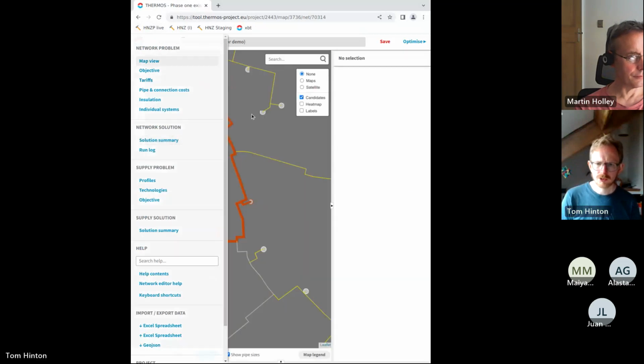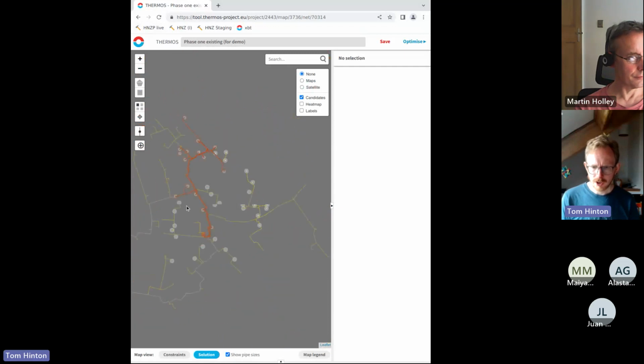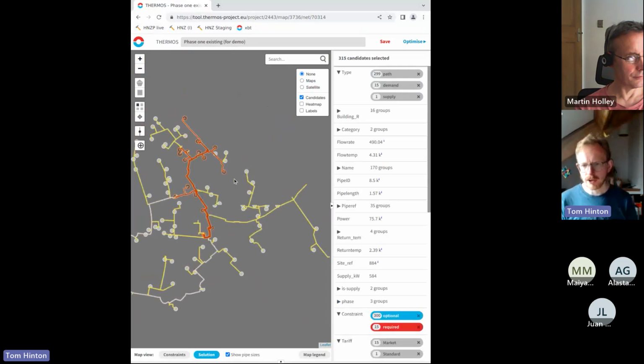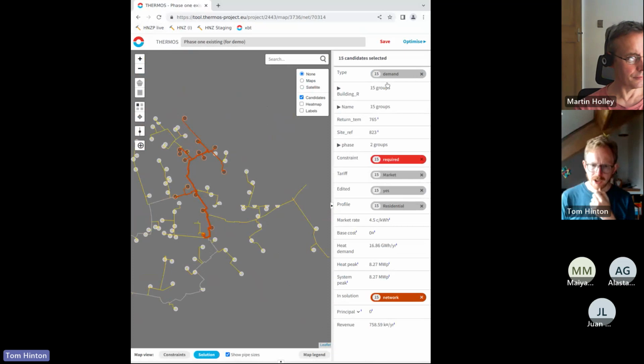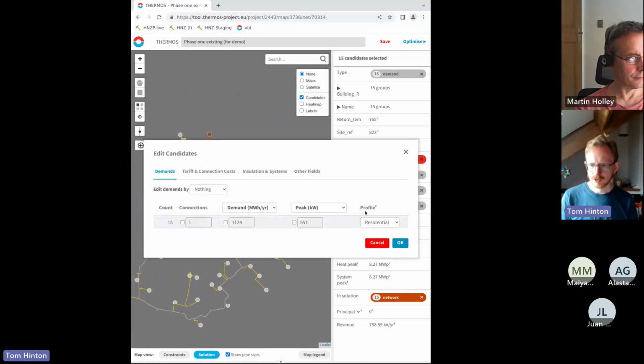So to get it to do the supply modeling, once you've solved a network model, there's a few extra things that you might want to tell it, which will be on the demands in the solution. There's some information about load profile.